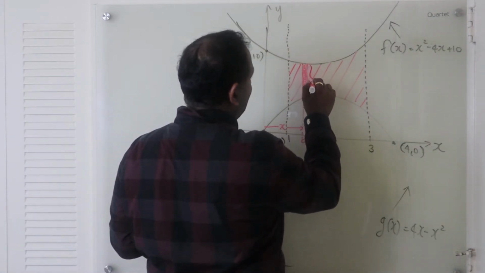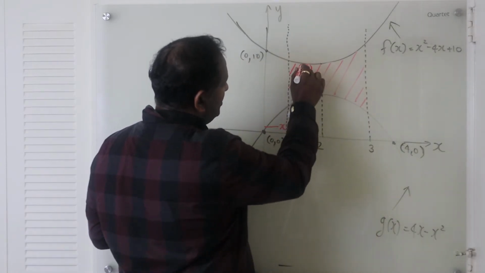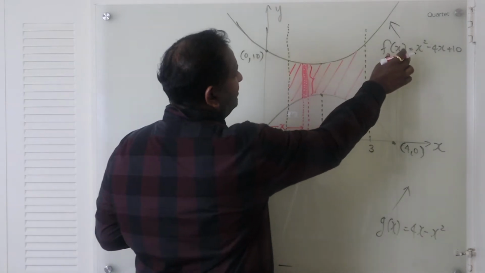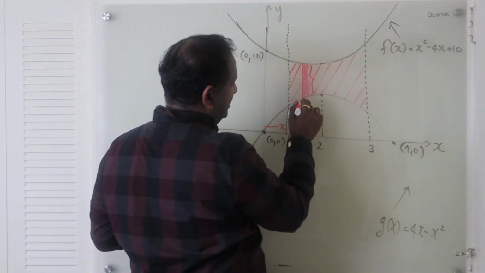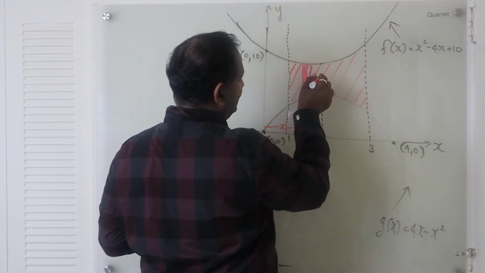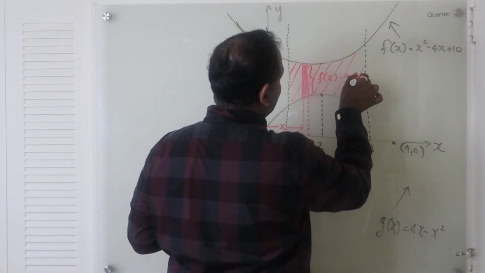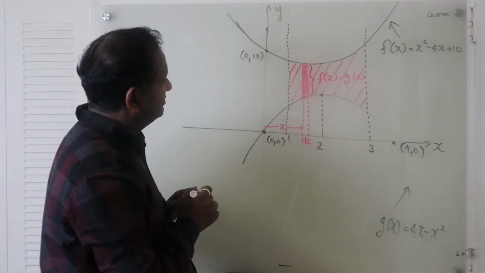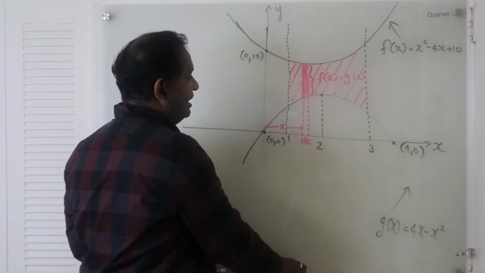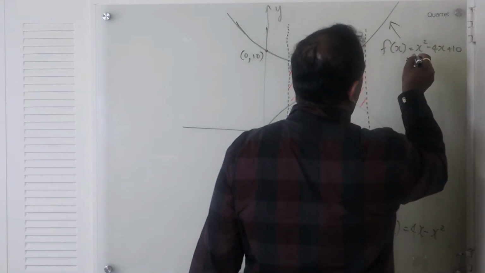I'm interested in this height. If this is x, from here to here is f of x, that's y. From here to here is g of x. So this distance is nothing but f of x minus g of x. I prefer to denote this also by y.